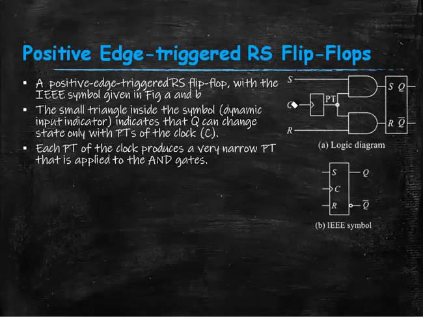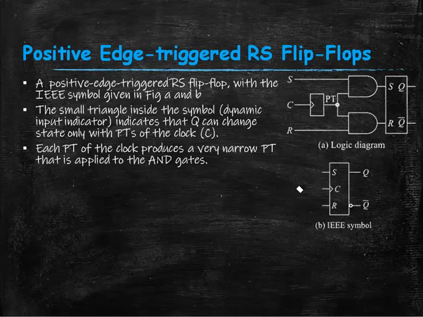As it is an edge triggering, the time corresponding to that edge must be very low, or it must be very narrow.